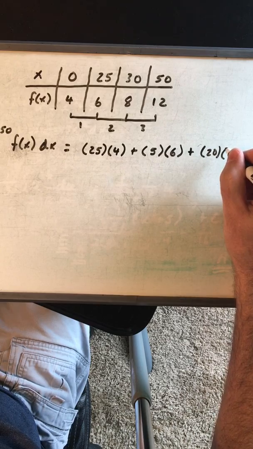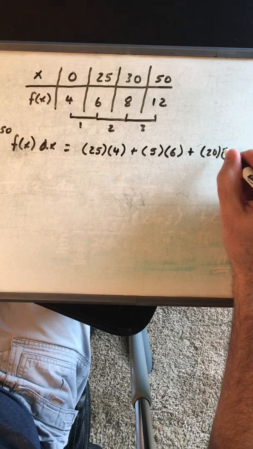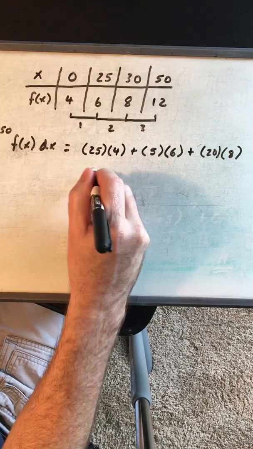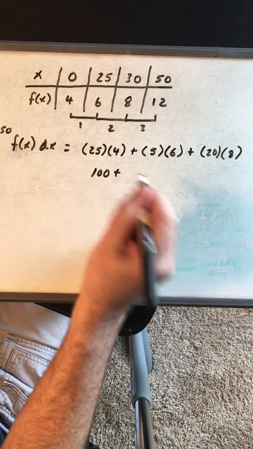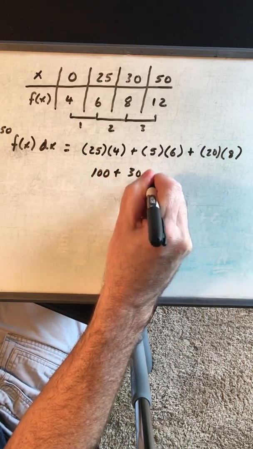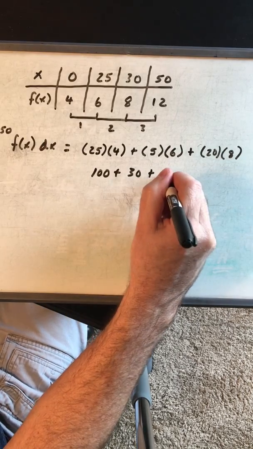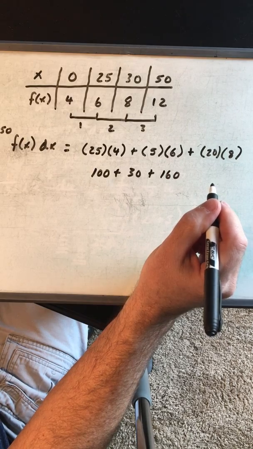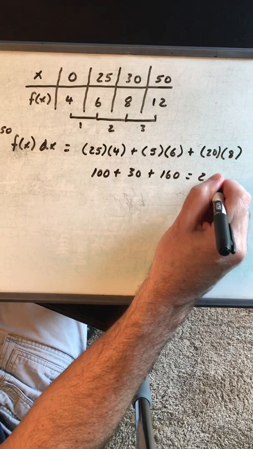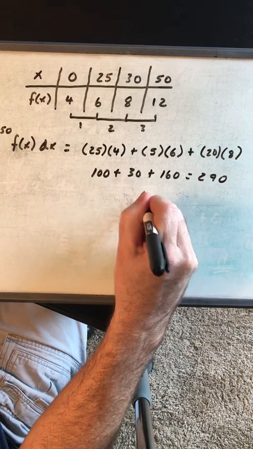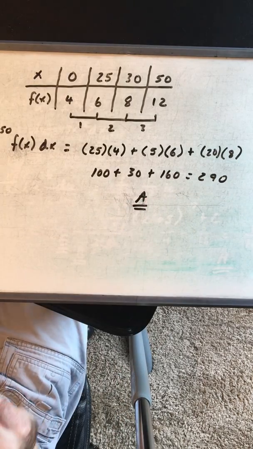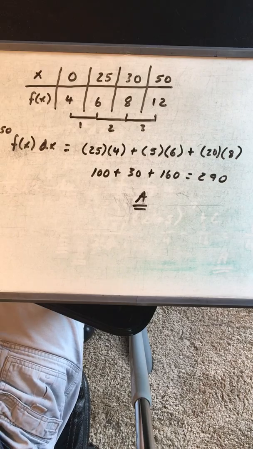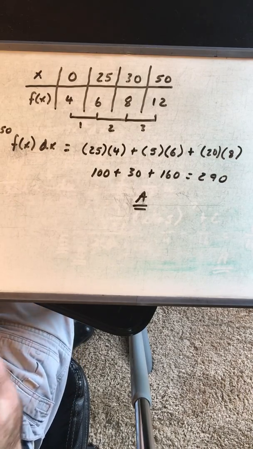And the height is not 12, but 8, the left height. So that'll be 100 plus 30 plus 160. All right, so that is 260 plus 30, which is 290, and that is A. Boom. So there you go. I think maybe you're 4 for 4 so far.